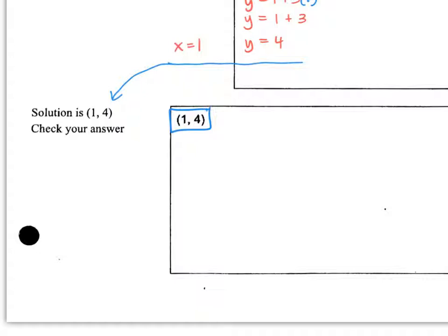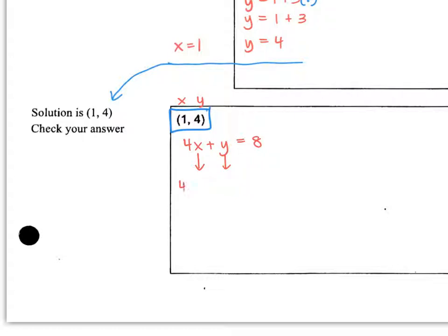Now that we know what our x is and what our y is, we can check our answer, and that's using the other equation. Our other equation is 4x plus y equals 8. And since I know x and y, I'm going to change those.